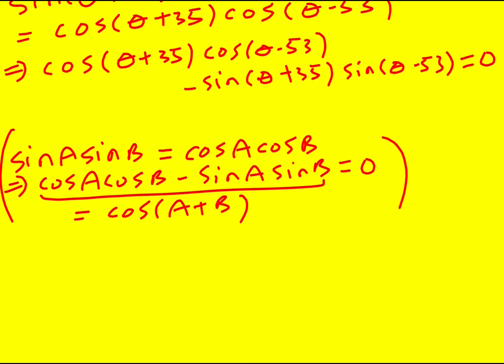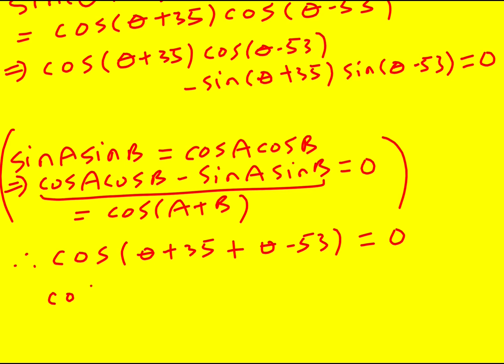And using the above, therefore, cos of theta plus 35 plus theta minus 53, that's my A and that's my B, is equal to 0. Therefore, cos of 2 theta minus 18 equals 0.